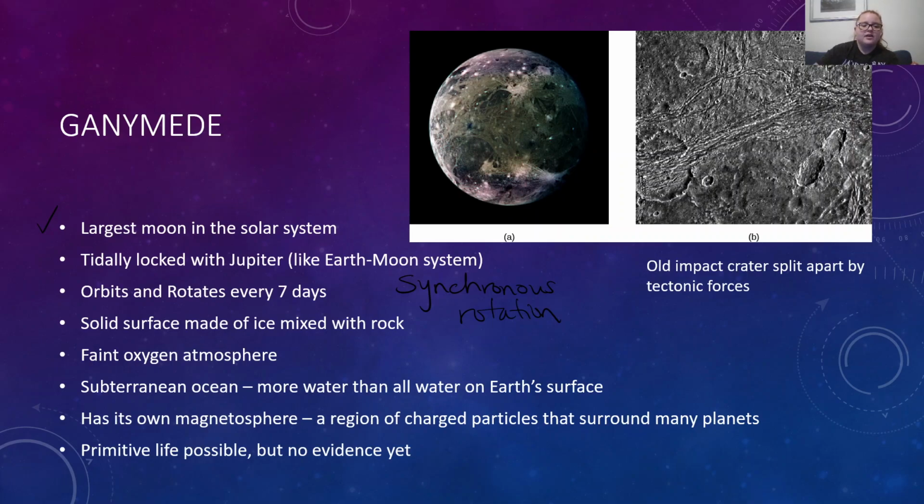Okay. And due to that, there is definitely a chance that there could be primitive life in that ocean. So when I say primitive life, it could be anything from cells, microbiology type things, maybe little tiny organisms, okay?